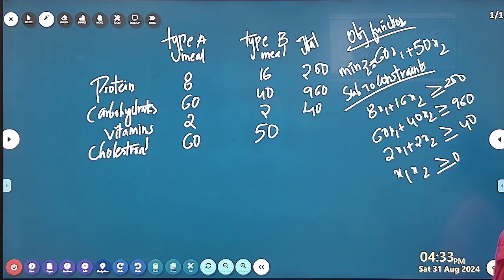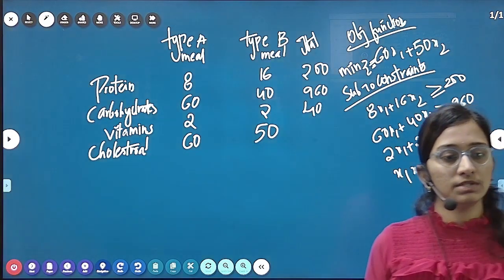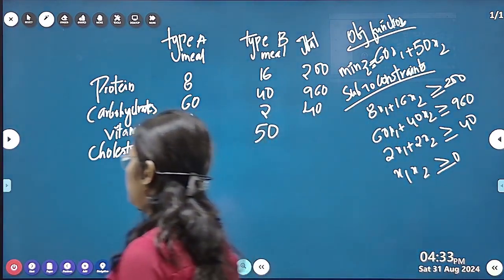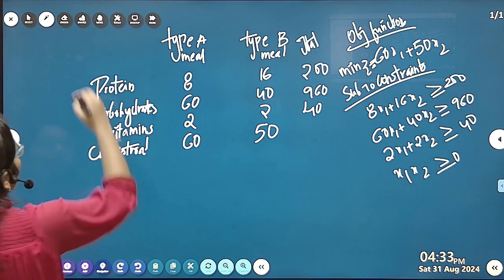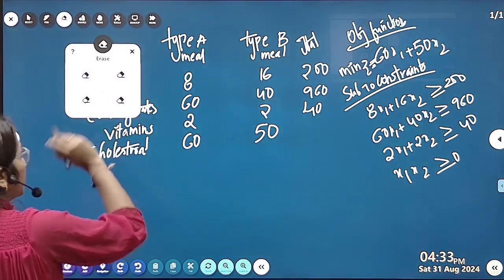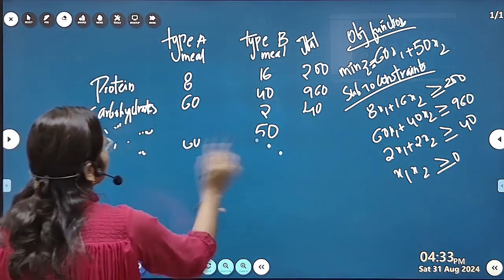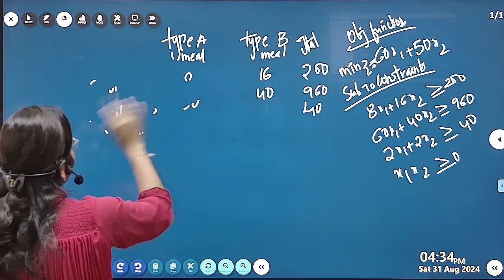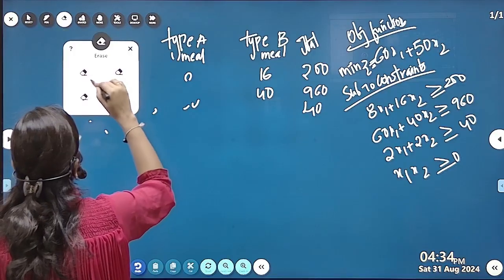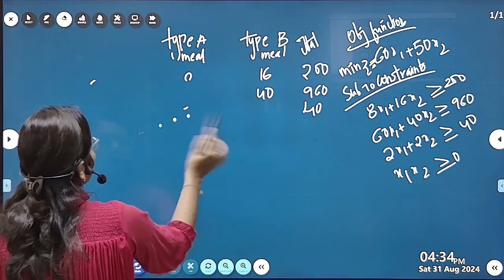Ma'am, which page number is this question? This question is not in your book, I brought it from another book. So copy the answer, it's from some other material.